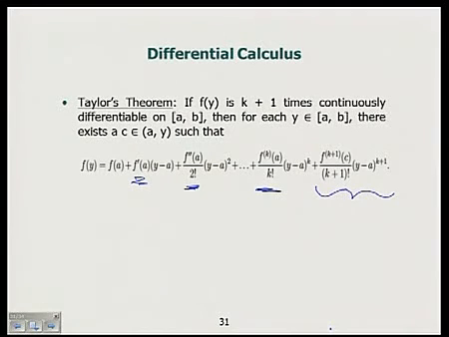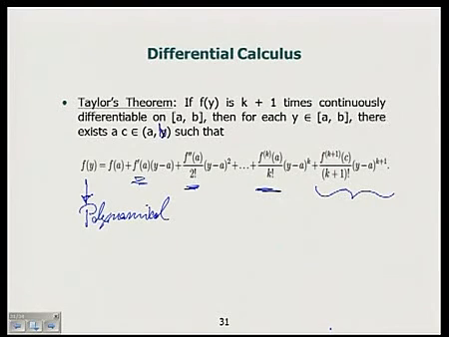I can always write a function as a sum of elements, and this becomes a polynomial. It is differentiable on the closed interval AB. Then for each y in AB there exists a point C in the open interval AB.